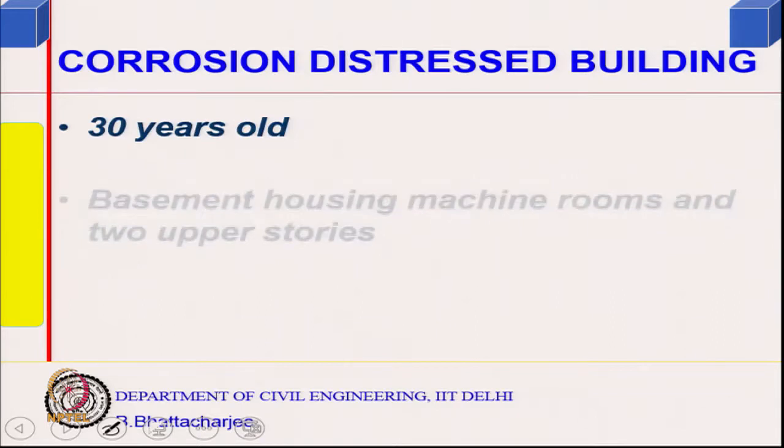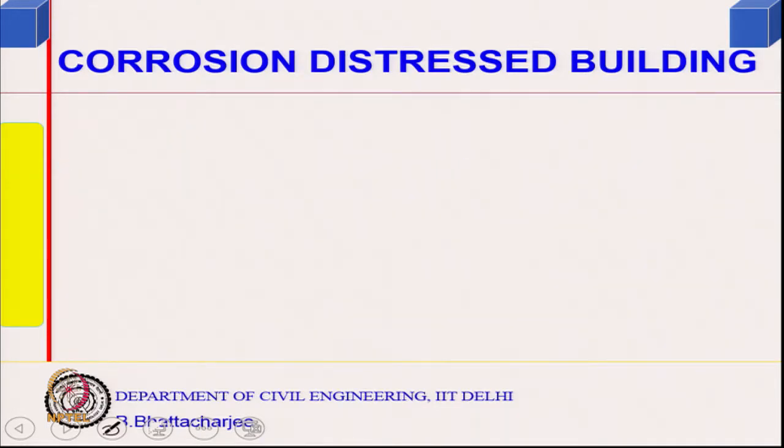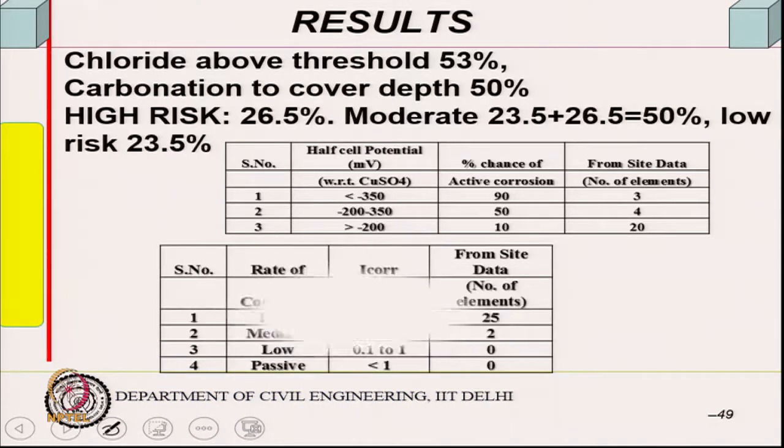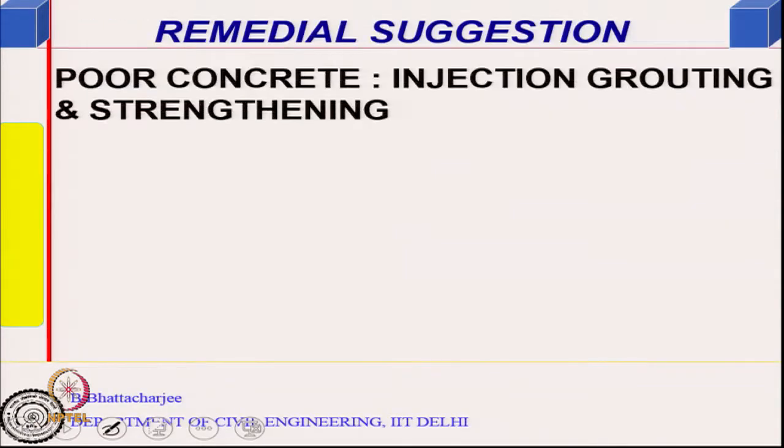So, the final finding was something like this. If it is a corrosion distress test, then we of course do all the tests I just mentioned earlier, half cell potential, and this is another case where you suggest remedial measures based on the results. So, I think with this I would like to conclude our discussion, right.